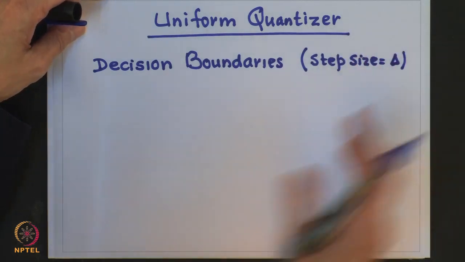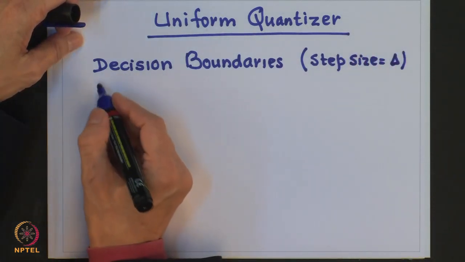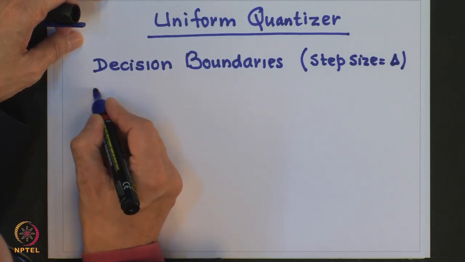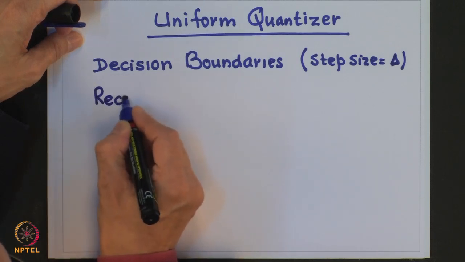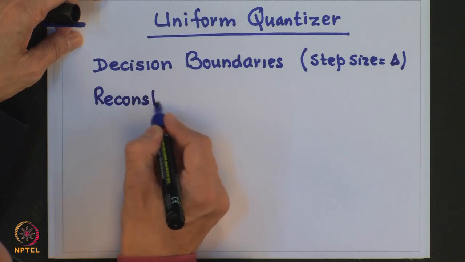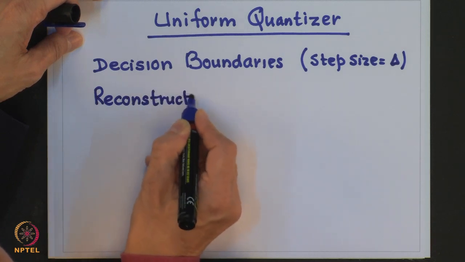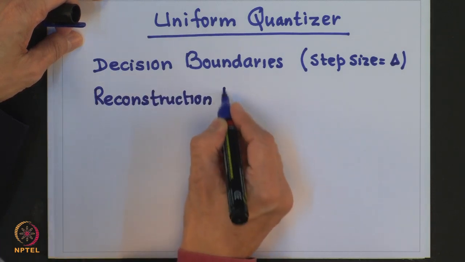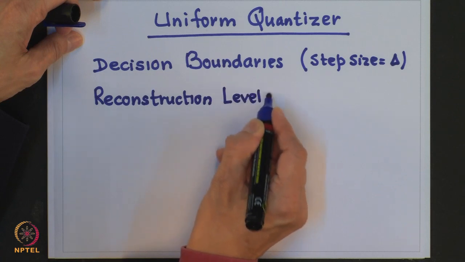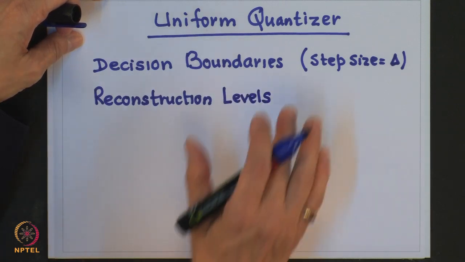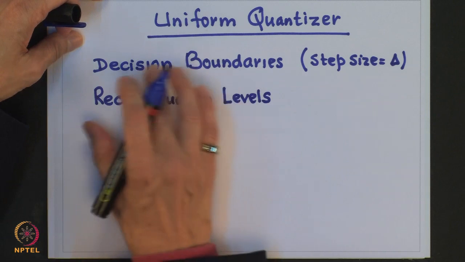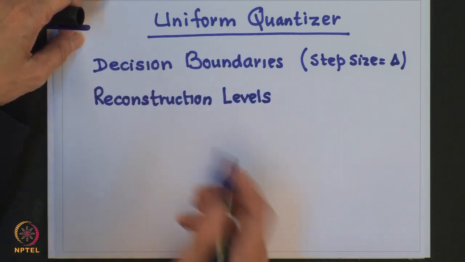We will see this later on. And then another condition is that the reconstruction levels are also equally spaced, and these are centered between the decision boundaries.